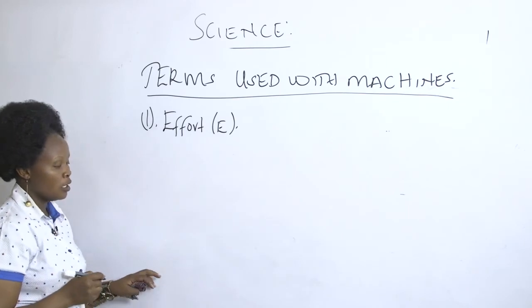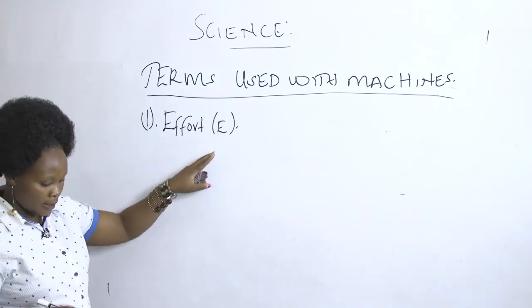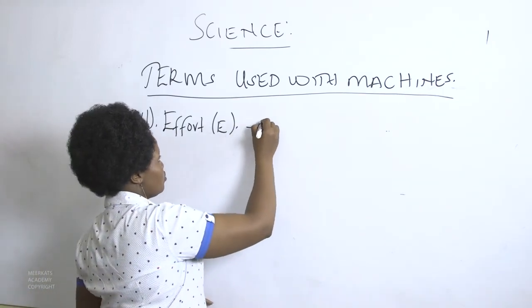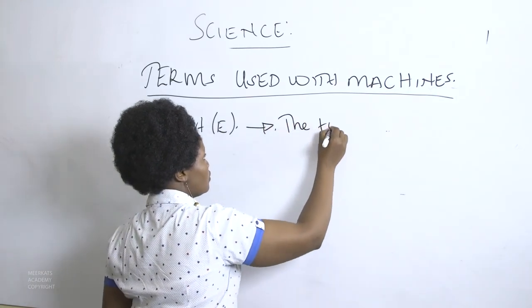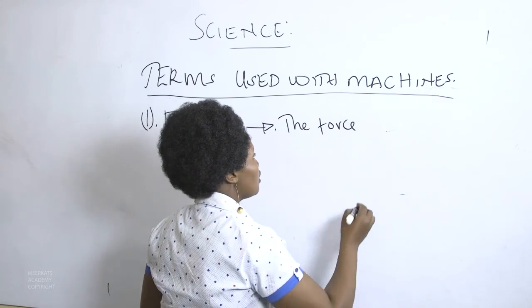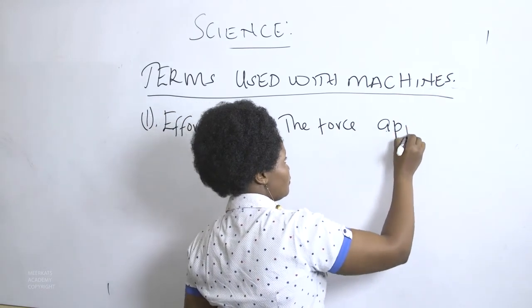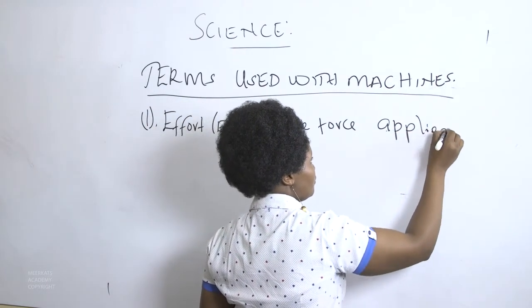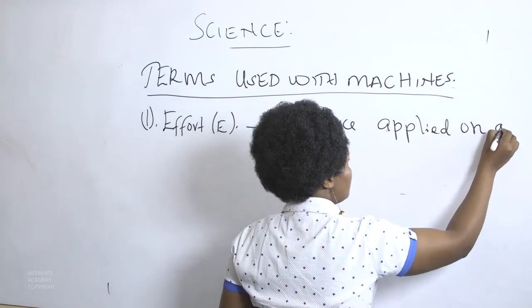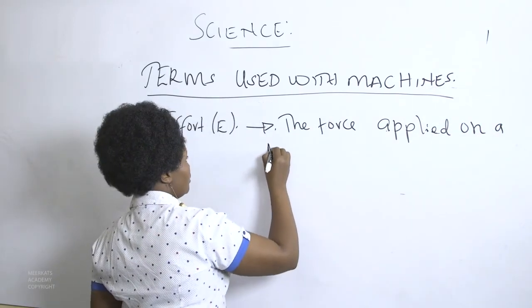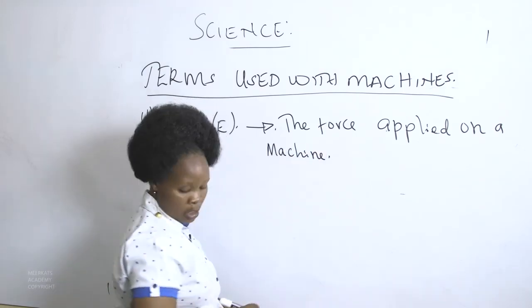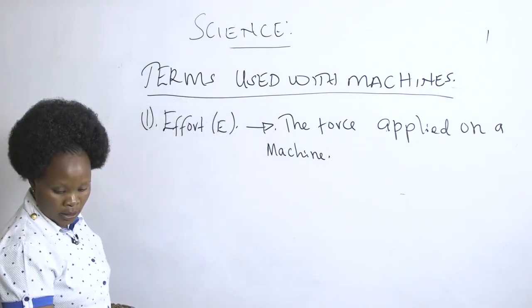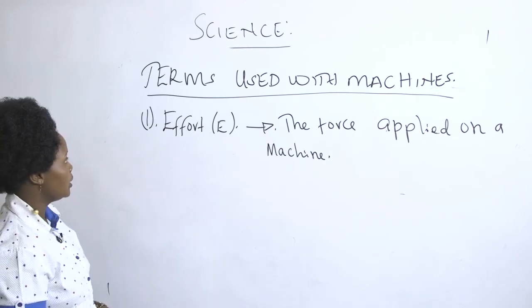Symbolize it with capital E. And this is actually the force applied on a machine. Force applied on a machine.